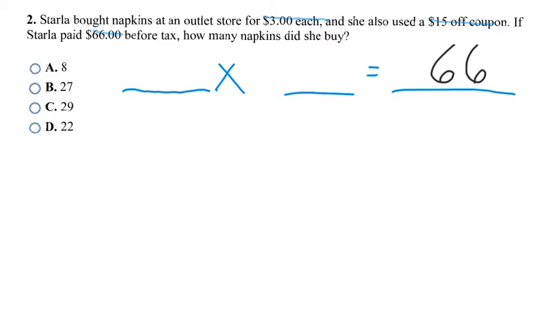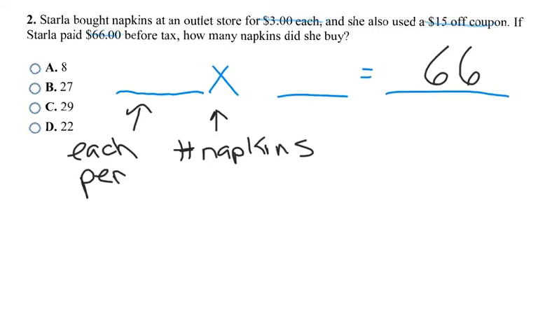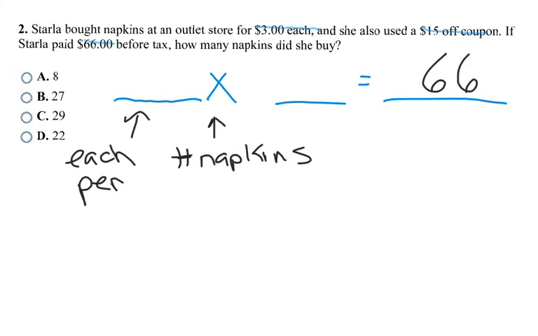And so x is going to represent what I'm looking for, and what I'm looking for here is going to be the number of napkins. So what goes before x typically is a keyword each or per, because those mean multiplication, and you're multiplying this number here times x.